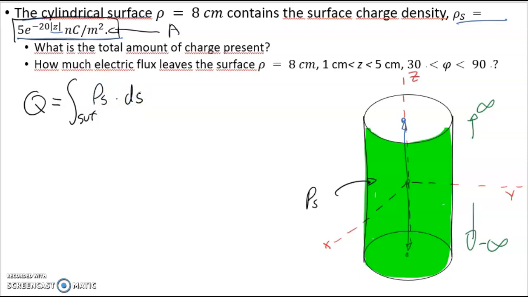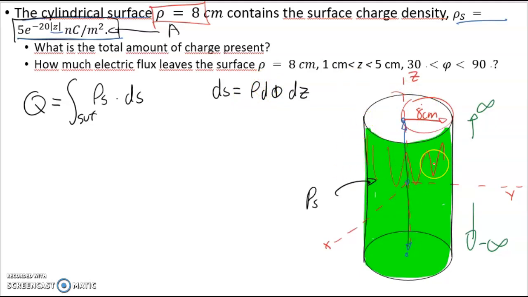And as we recall, the differential surface for a cylinder is going to be rho d phi dz. Now, since we work with a surface that has a specific radius, a fixed value, there's no need to integrate over the radius. That way we're calculating only the one surface around it.